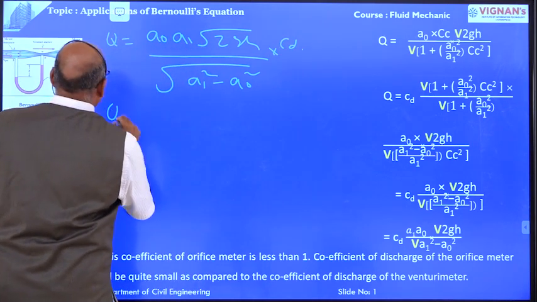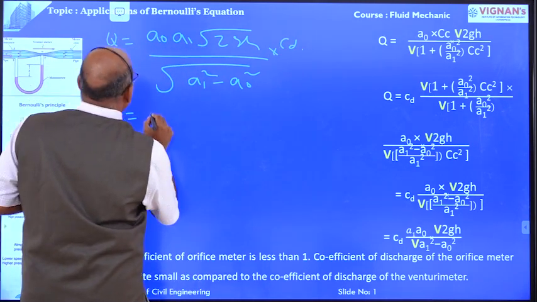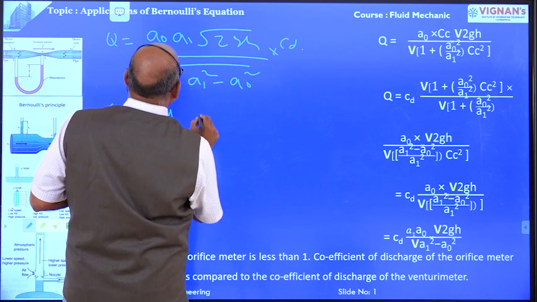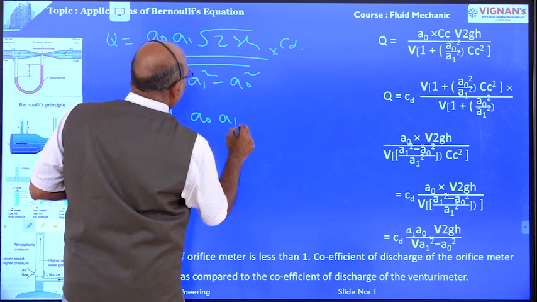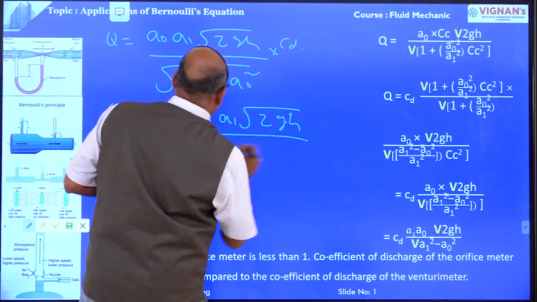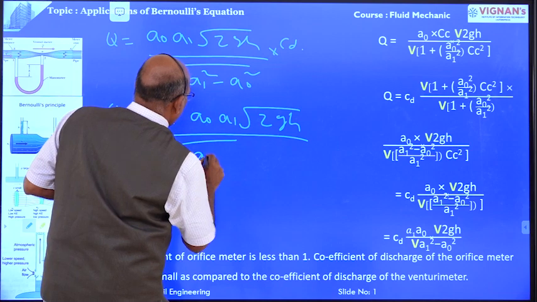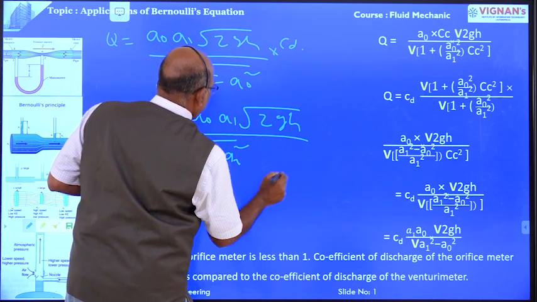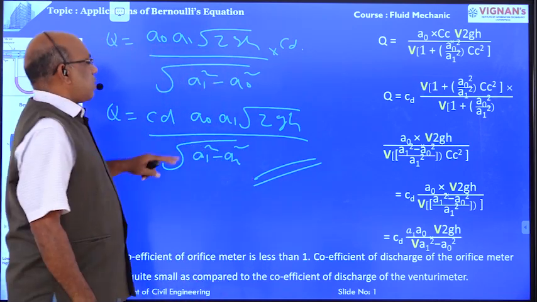Therefore Q is equal to CD into A0 A1 square root of 2gh divided by square root of A1 square minus A0 square. This is the formula for the determination of discharge.